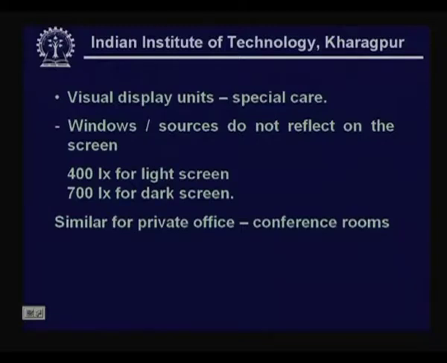Private offices invariably mean the office of a particular executive. It may be small, so there could be a fixed location for the table, and therefore local lighting could be fixed and arranged accordingly.